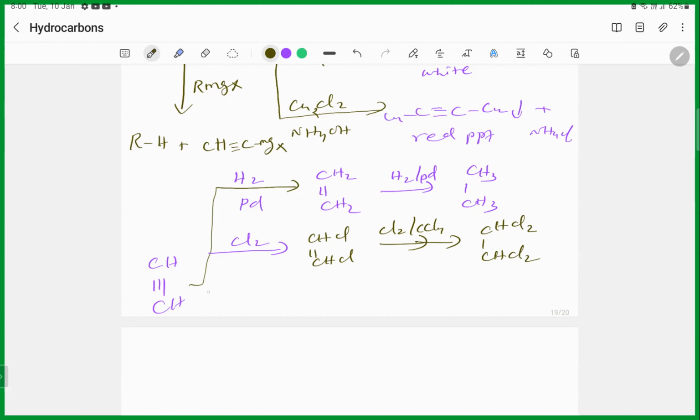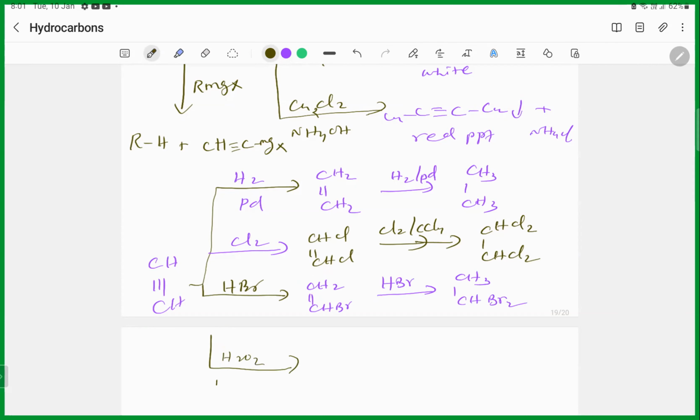Same way when you treat with HBr, it will give CH2 double bond CHBr. And if you treat with HBr again, it will give CH3 CHBr2.